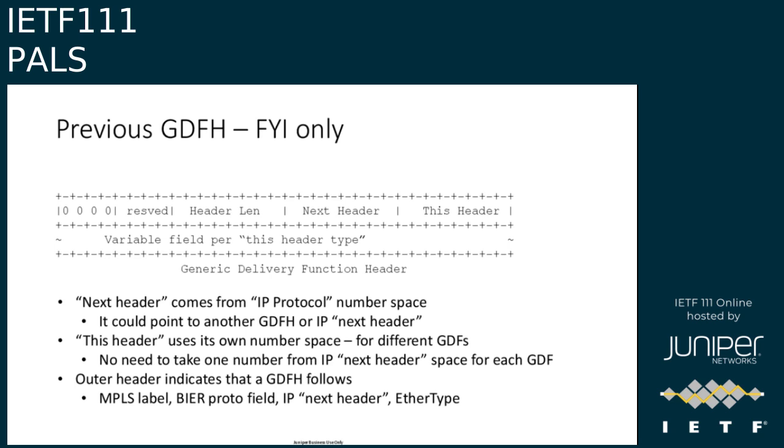And this header uses its own number space for different GDFs. That way, if we have multiple GDFs to support, we don't need to take one number from the IP protocol number space for each GDF. That was the intention. And the outer header, for example the MPLS label, the BIER protocol field, or the IP next header, will indicate that a GDF follows. Next slide, please.